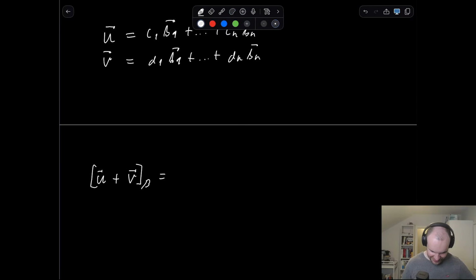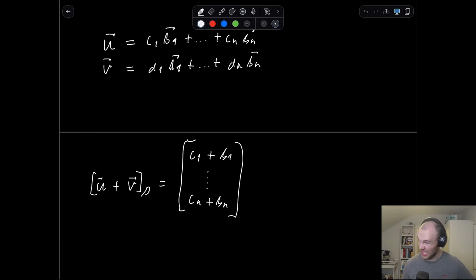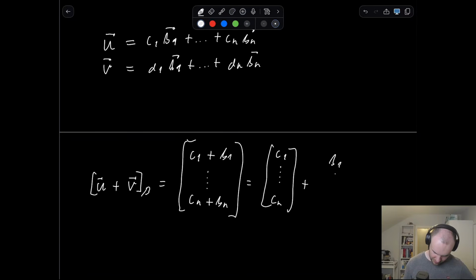Remember, this is the same now as c1 plus d1, because these are going to be columns, up to cn plus dn, right? These are, of course, just scalars. So what we can do is just move them. This is the same as saying c1 up to cn, and then, of course, plus d1 up to dn.